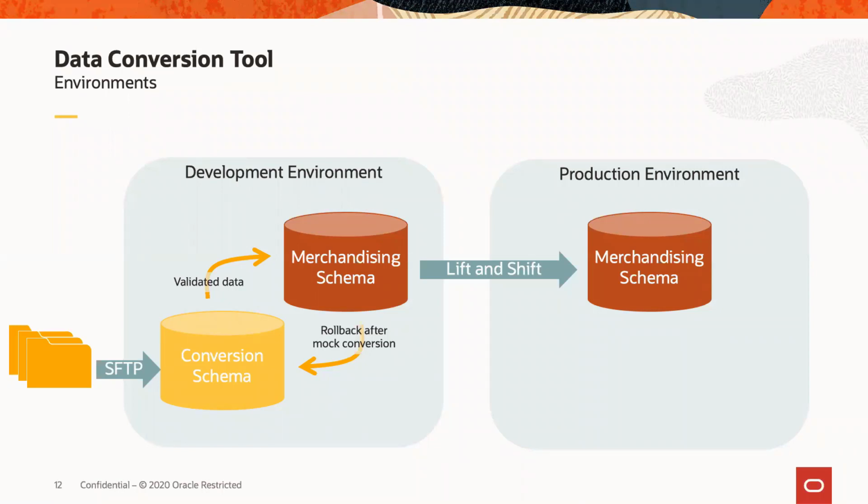And then they're loaded into the conversion schema using the tool, which we'll demo here in a minute. That tool will go through a series of validations against the data and load it into the merchandising schema in the development environment. And then there's a process where you can iterate on that as you build up the data sets that you're running through that tool.